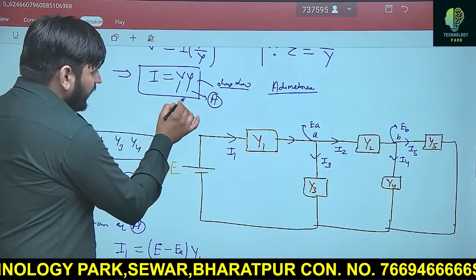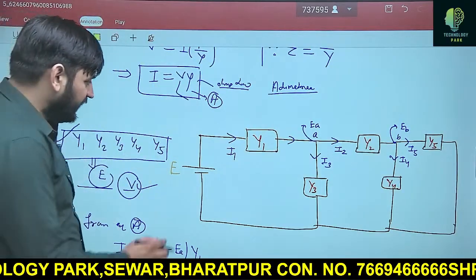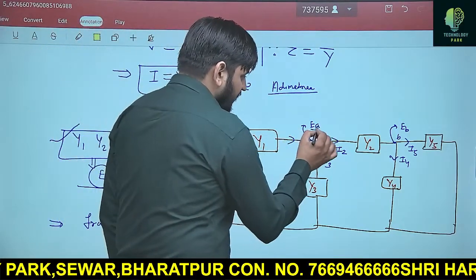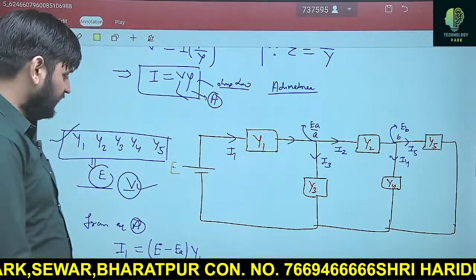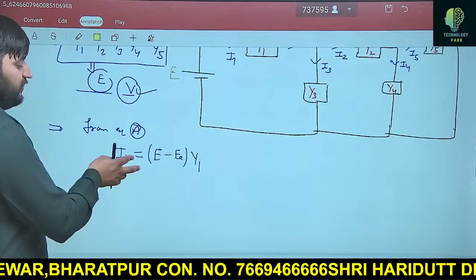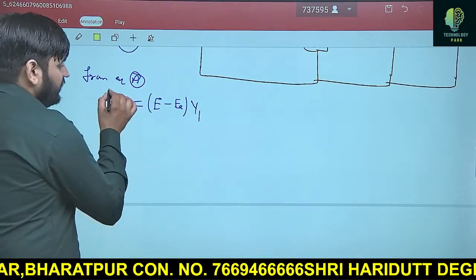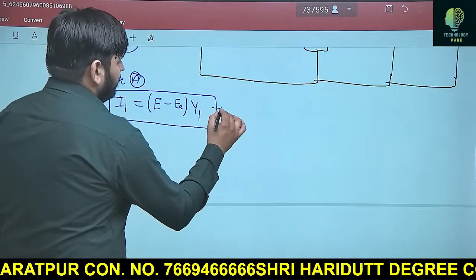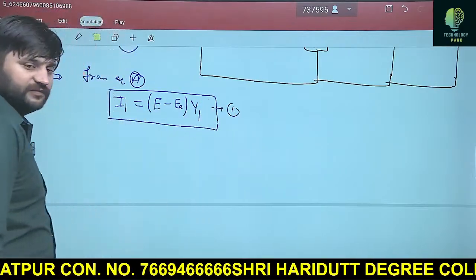V is the electric potential. We know that electric potential is point E and this point is EA. The potential difference is equal E minus EA, and admittance is equal Y1. Therefore, the value of I1 is equal E minus EA Y1. Question number first. Is that clear?